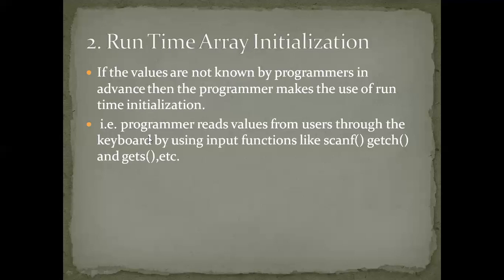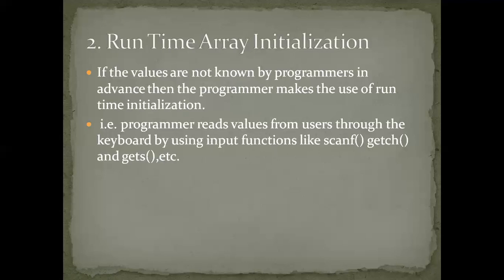The programmer reads the values from users through the keyboard by using input functions like scanf, getch, and gets. By using these functions, we can give the input to the computer. That is how it works.